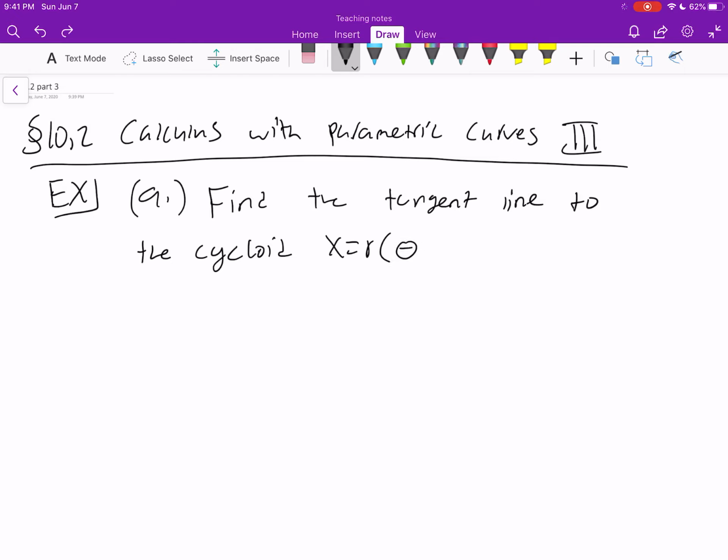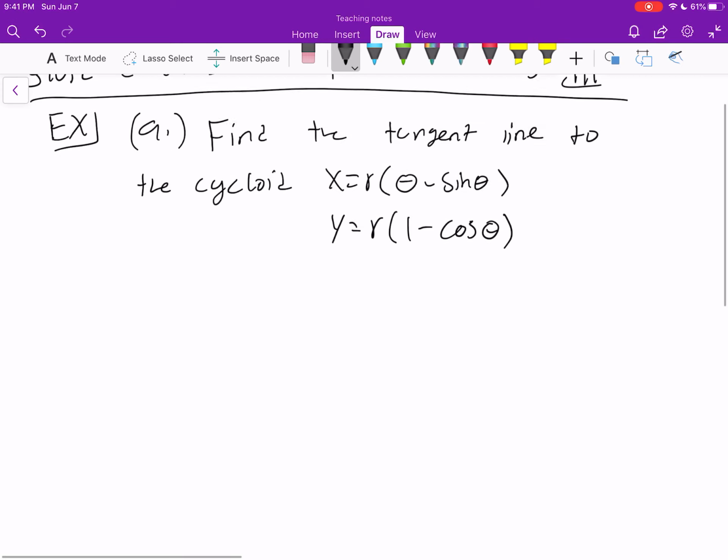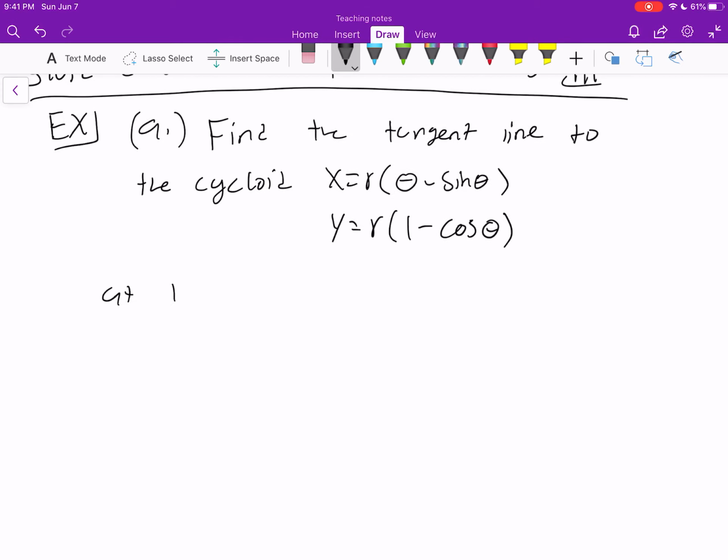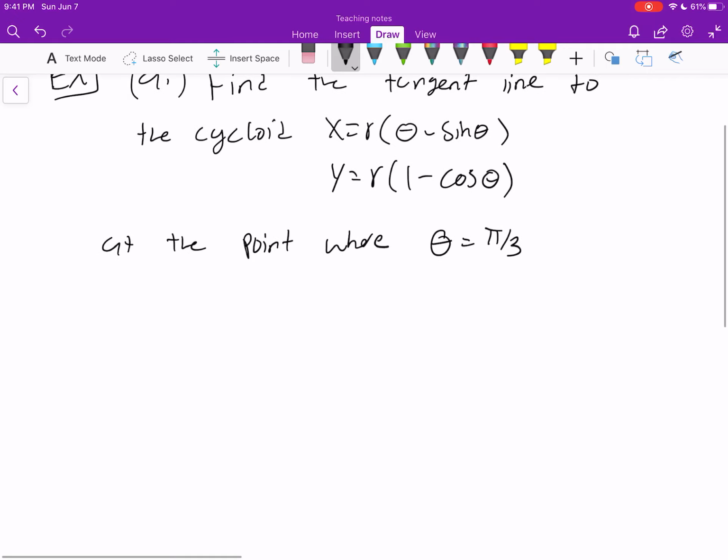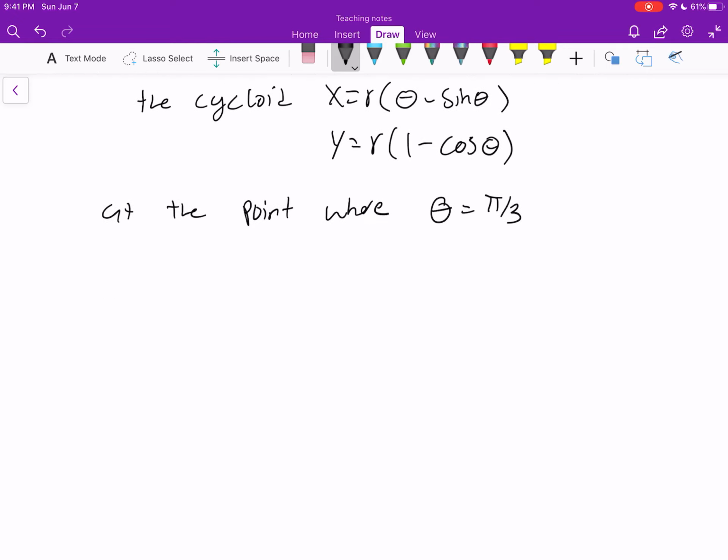So we derived this equation I think last time or the time before, and r times 1 minus cosine theta for the y coordinate at the point where theta is equal to pi over 3. Okay, so let's jump into this.